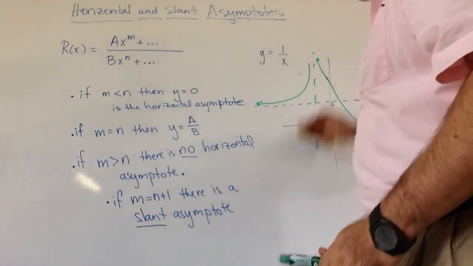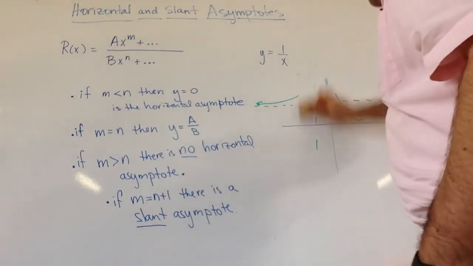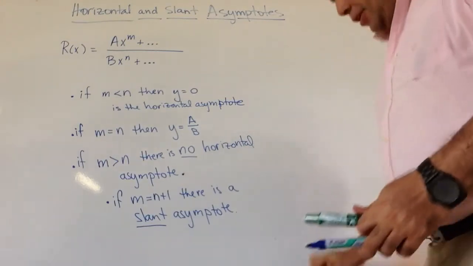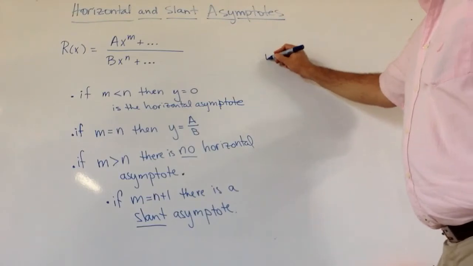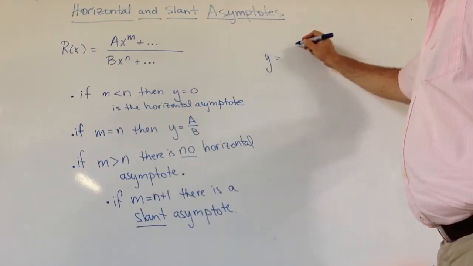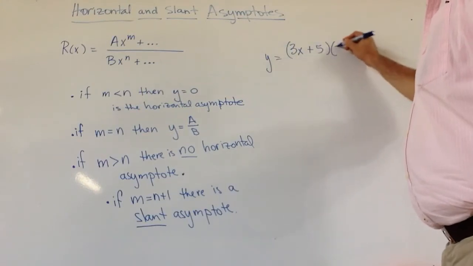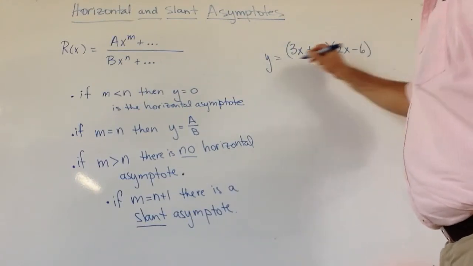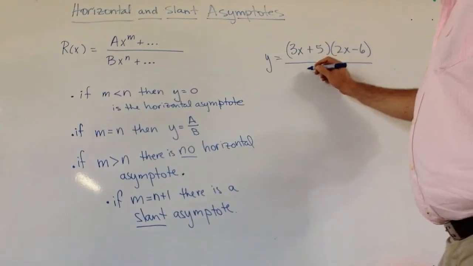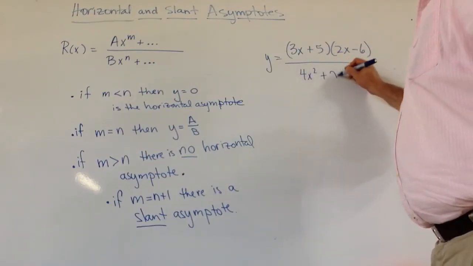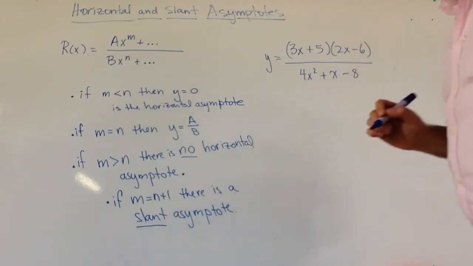Now, let's say we have this other equation: y equals 3x plus 5 times 2x minus 6 over 4x squared plus x minus 8.